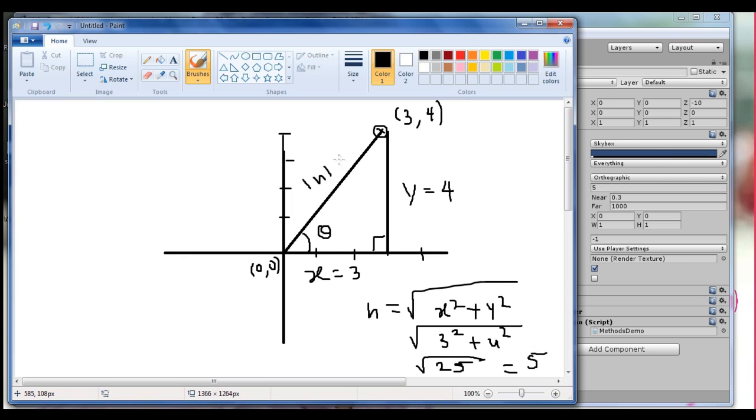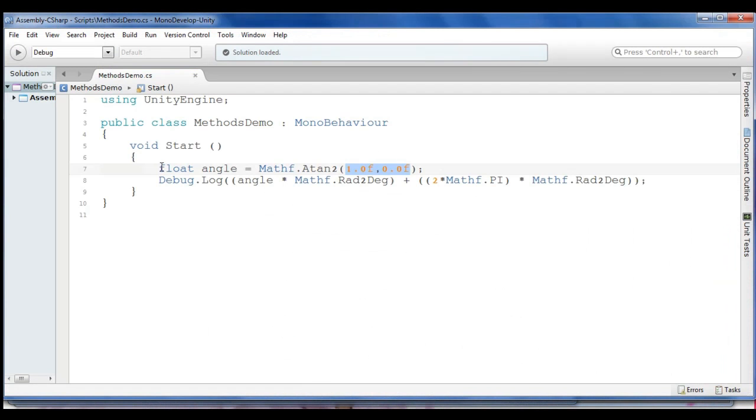That is the actual distance. You can find x, y and h using this formula. You can represent this in code and we can get the angle also. What will be the angle? We already know how to find the angle. We just need to give the y distance and the x distance. There are many ways to do that. Let us move further and write the code for that.